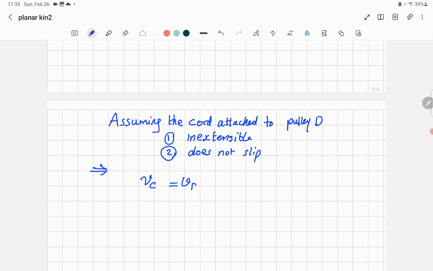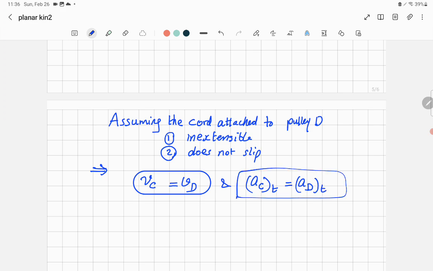the velocity of the pulley, and the acceleration also. The acceleration of cylinder C, of course I'm talking about the tangential component because this is moving linearly, equals the tangential acceleration of the pulley.